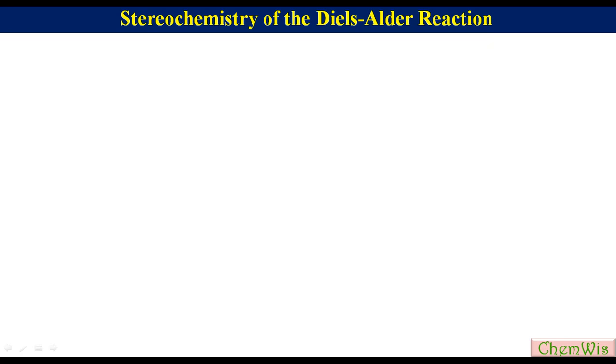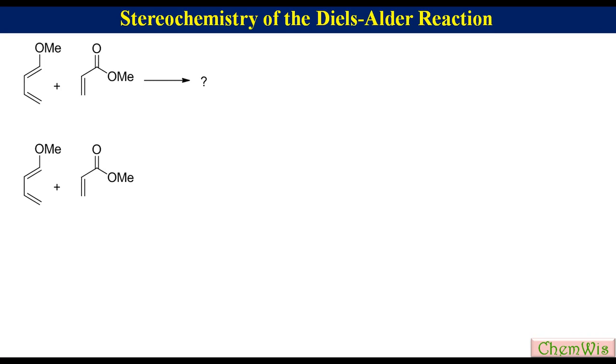Let's take the example of reaction of 1-methoxy-1,3-butadiene with methyl acrylate. For our understanding, let's do arbitrary labeling of atoms participating in Diels-Alder reaction as 1, 2, 3, 4, 5 and 6.